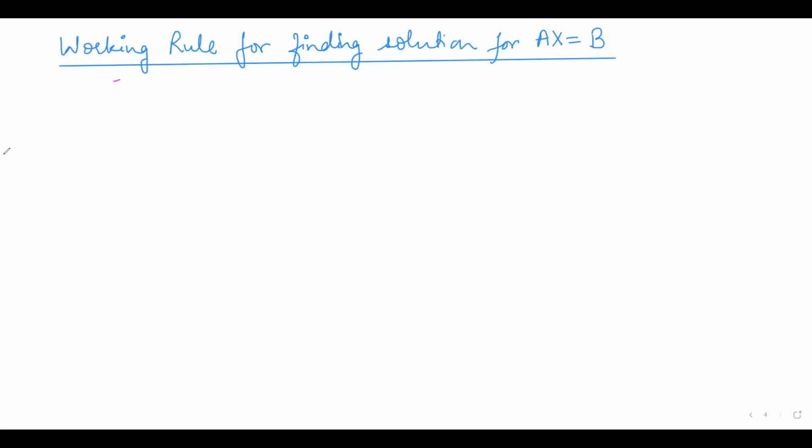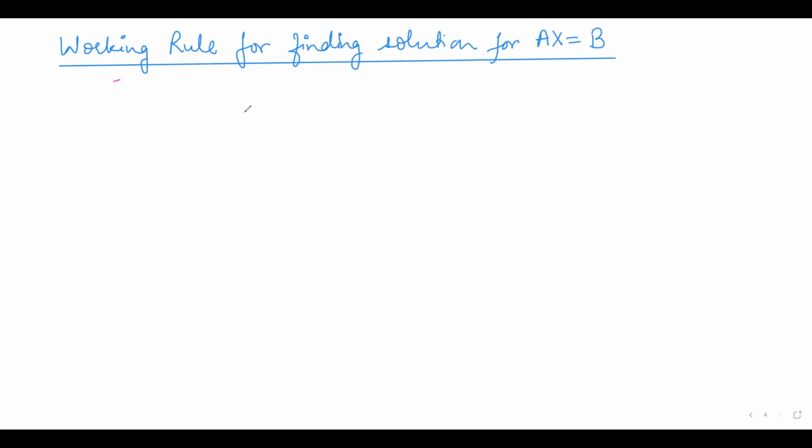Now, we have the coefficient matrix, that is A. We know about the augmented matrix, that is C. We'll be talking about the various direct methods like Gauss elimination, Gauss-Jordan, matrix inversion, and Cramer's rule in the next classes.